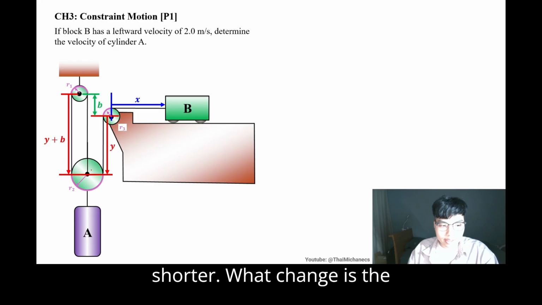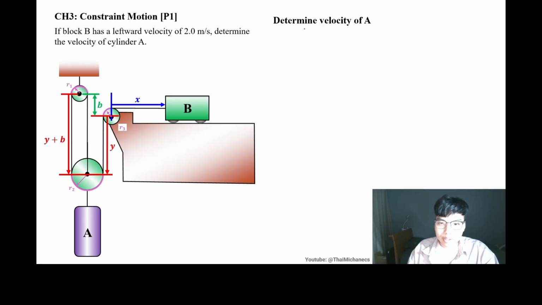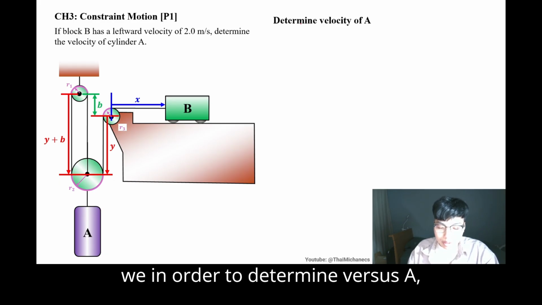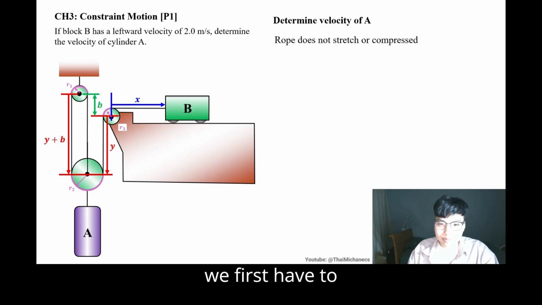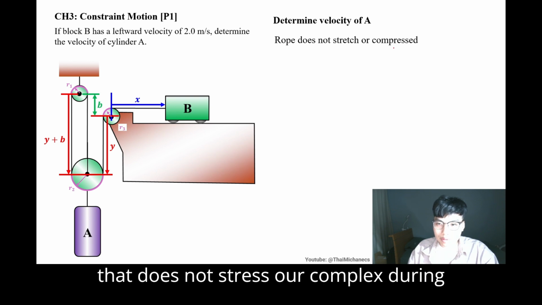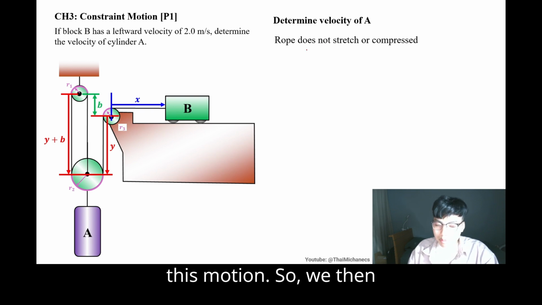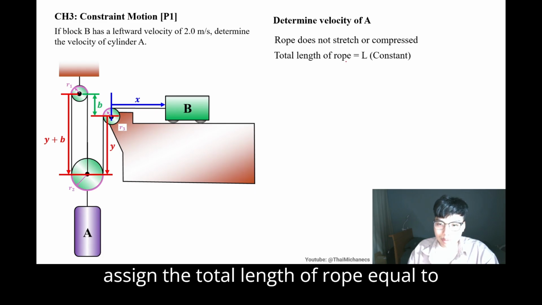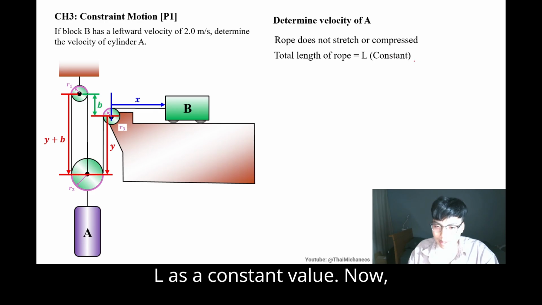What changes is the motion that the rope is attached to. In order to determine velocity A, you first have to dive into the simple concept of a rope that does not stretch or compress during this motion. So we assign the total length of rope equal to L as a constant value.